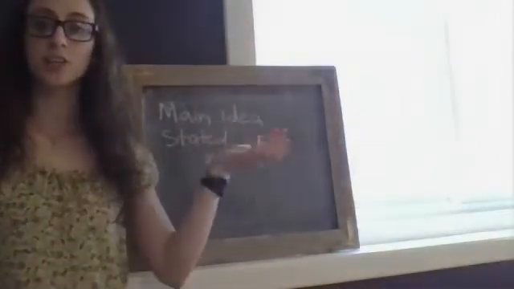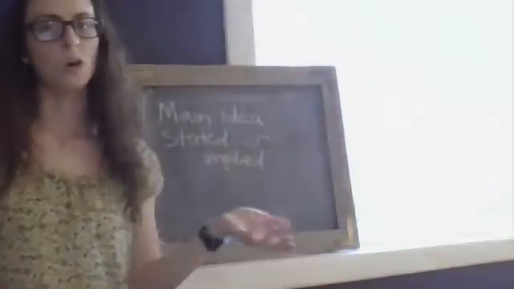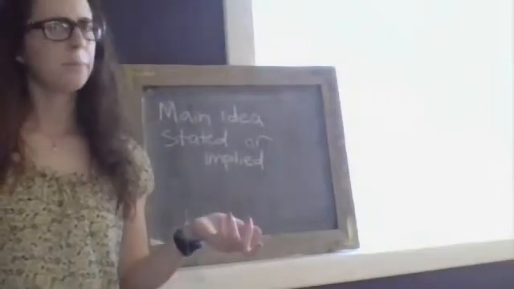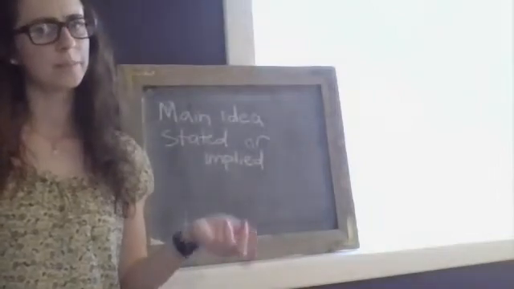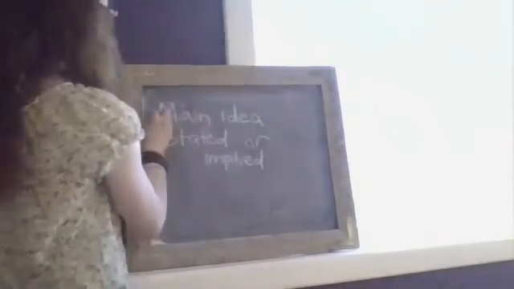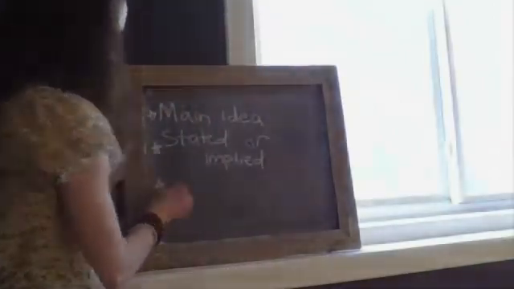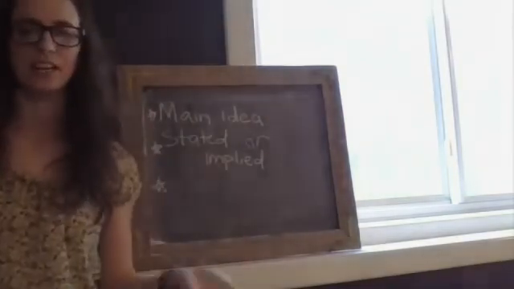Did the author tell us this section is about their journey from point A to point B? Or do we have to figure out at the end of the section, pretty sure they were telling us about the journey. So you're going to tell us main idea, whether it was stated or implied, and how those details helped us get to the main idea.